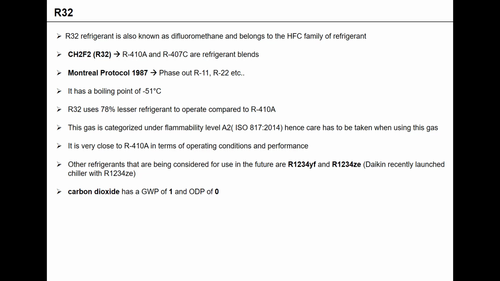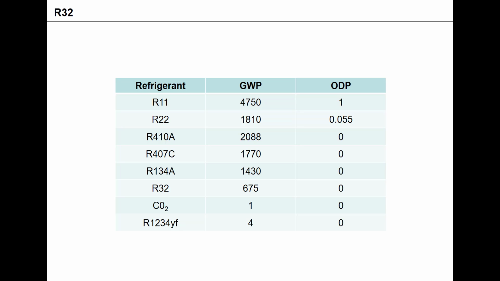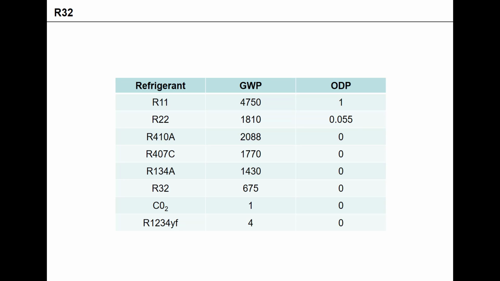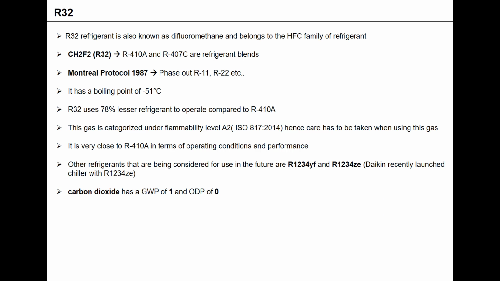Now R32 and R14 come under hydrofluorocarbons. These also have some global warming potential, but their ozone depletion is zero, as you can see here: R14 is zero, R32 is also zero.